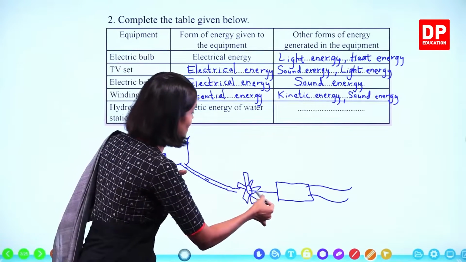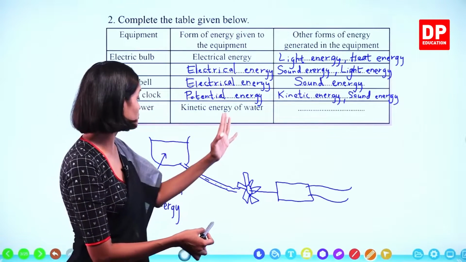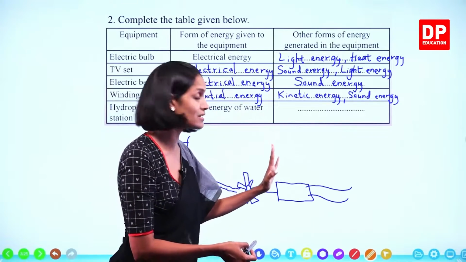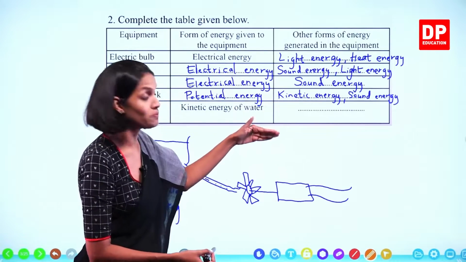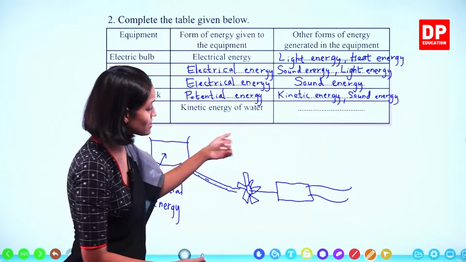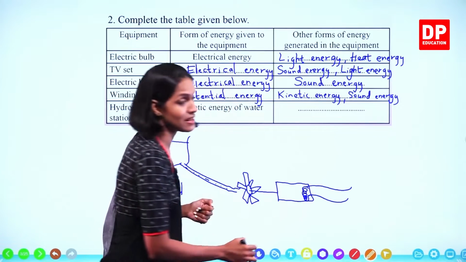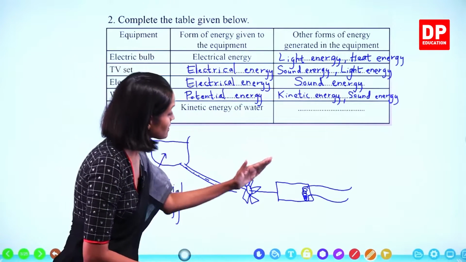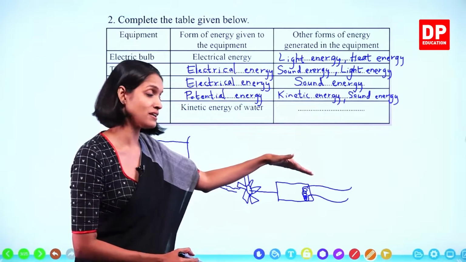So as it is connected to the magnet, then the kinetic energy of the turbine converted to the kinetic energy of the dynamo. And when the magnet of the dynamo rotates, the coil inside the dynamo can generate electricity. Therefore, kinetic energy converts to the electrical energy.